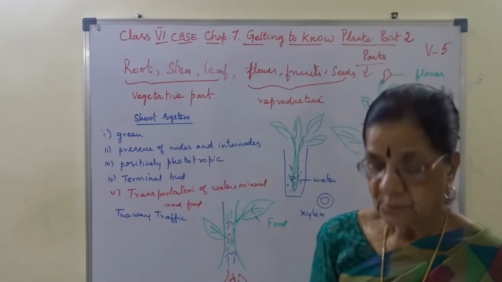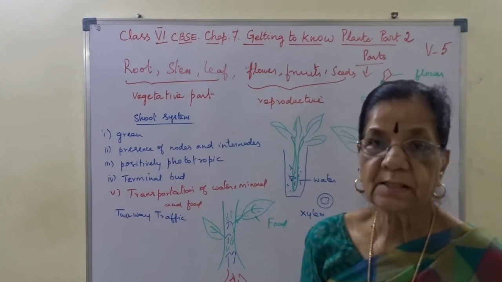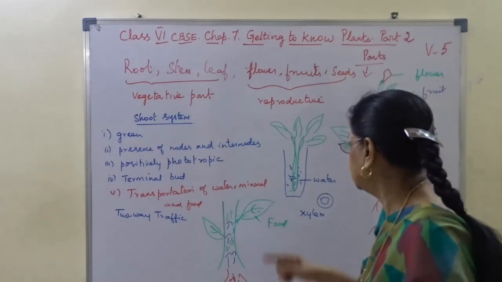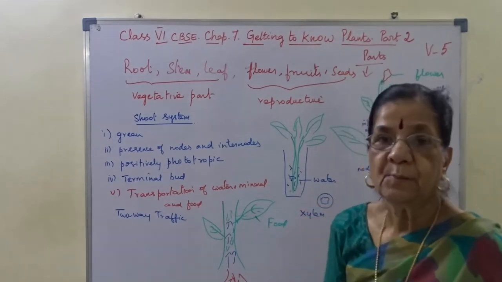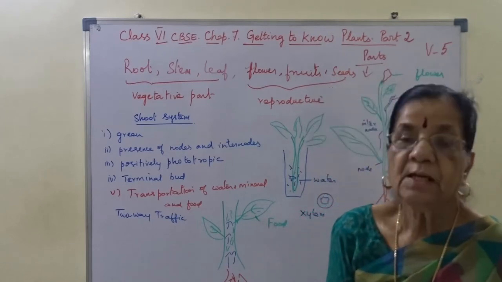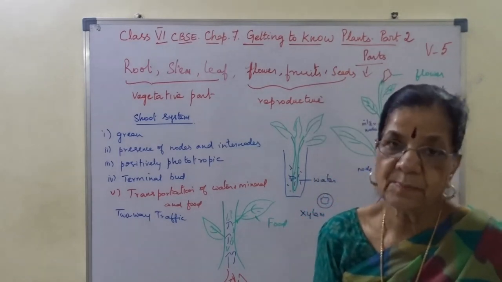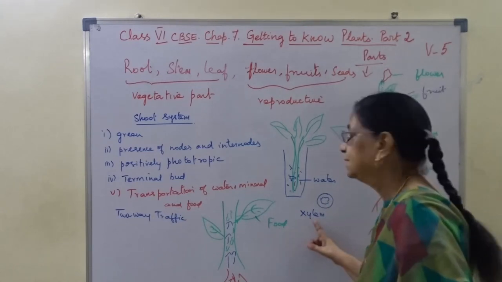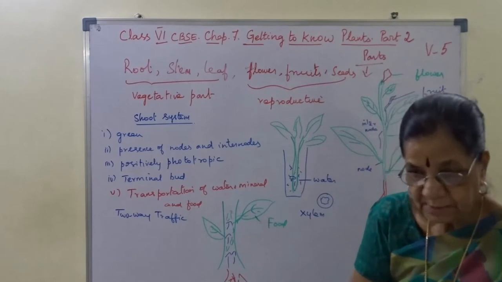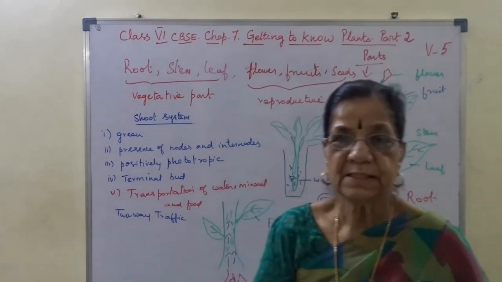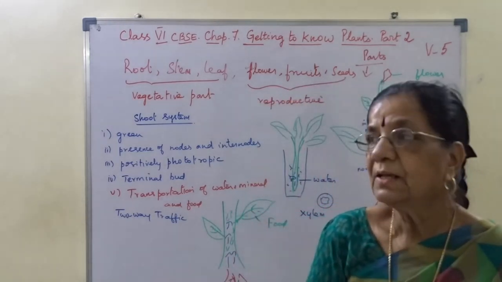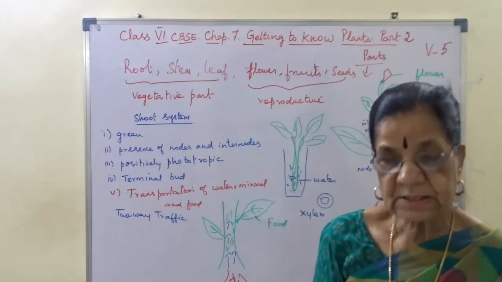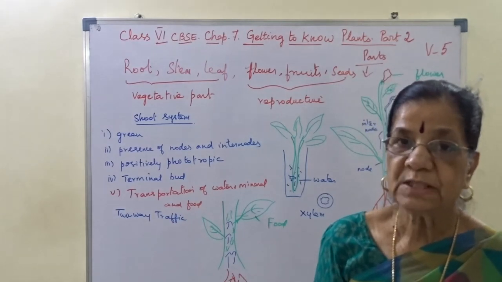After some time, we find that the color rises in the stem. When I cut the portion of it and see under the microscope, we can observe the color reaching the stem, and that is mainly through the structure called xylem. In plants, xylem conducts water. It is called vascular tissue. I hope you understand. So this is for the structure of stem.